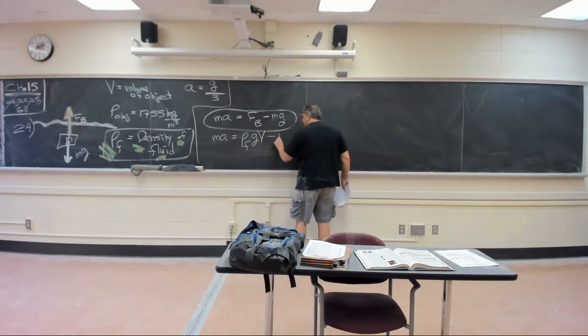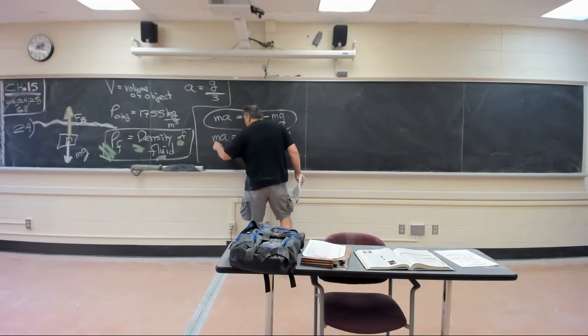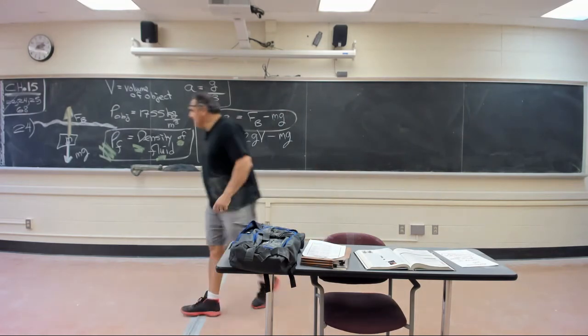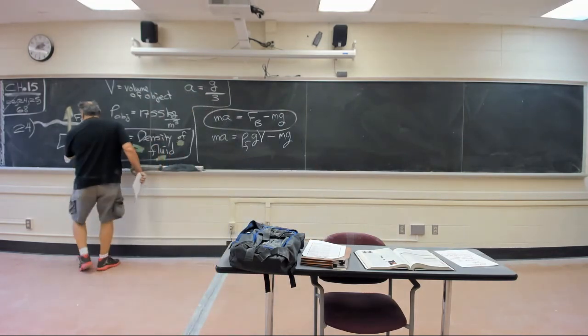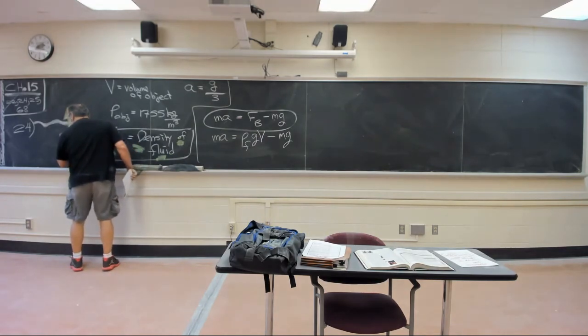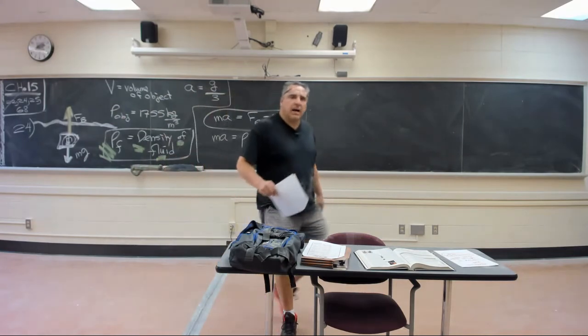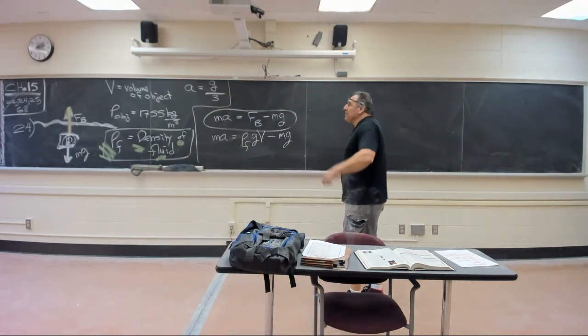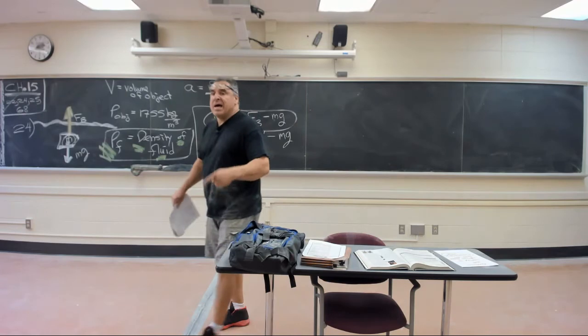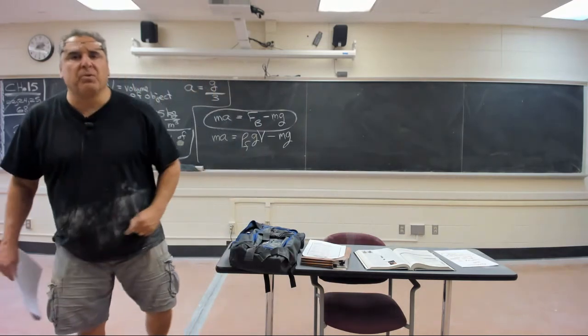This is the mass of the object. This is G. It's the mass of the object, guys. It has to be the mass of the object. Look at it. There's the mass. Mass of what? The object. Because the object is moving through the fluid, not the fluid through the fluid. The object is moving through the fluid.